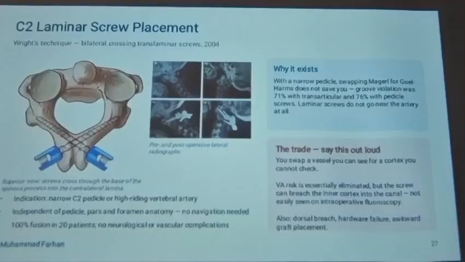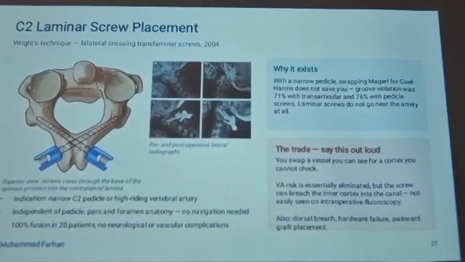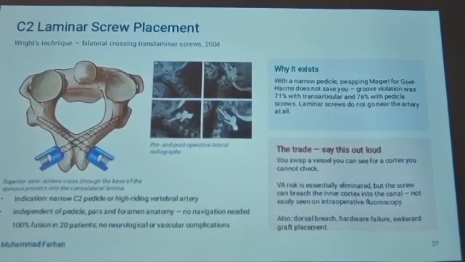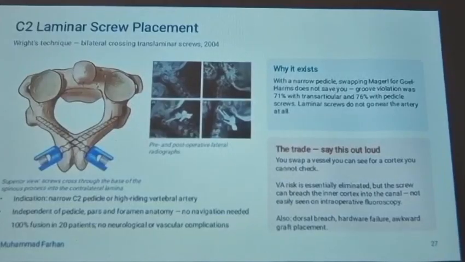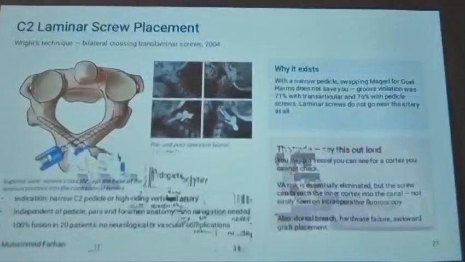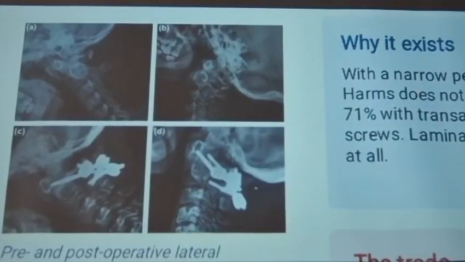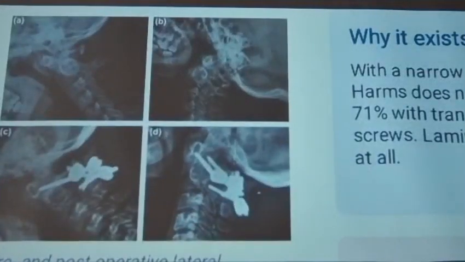But in this technique, there is a high chance of going into the spinal canal. So we should look at these pros and cons. But this is also another technique for the C1 C2 fixation. Translaminar screws can be placed in the C2, and the C1 screws are usually placed in the lateral masses. We can see the post-op X-rays after placement of these screws.